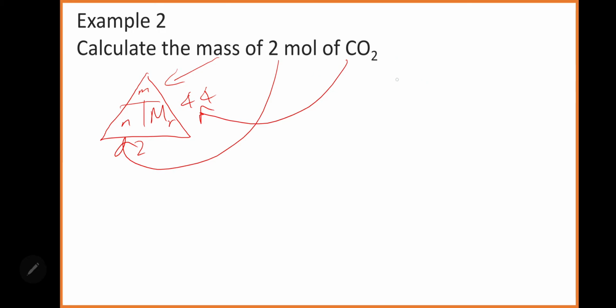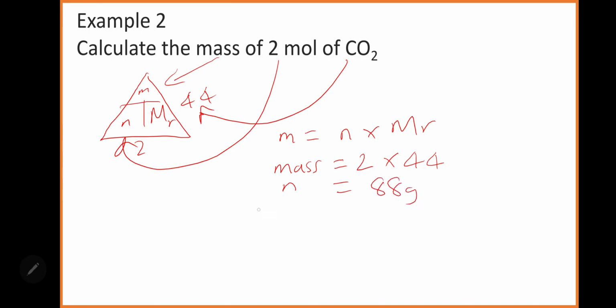So mass equals n multiplied by Mr. So mass m equals 2 multiplied by 44, which equals 88 grams. That's just a manipulation of the formula triangle.